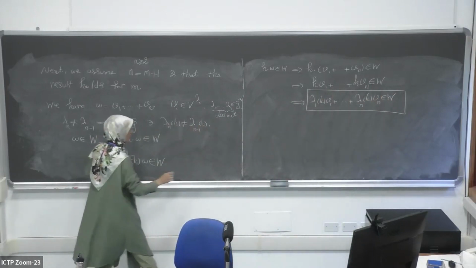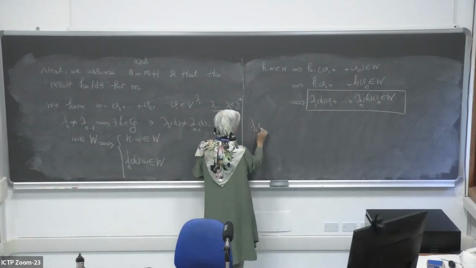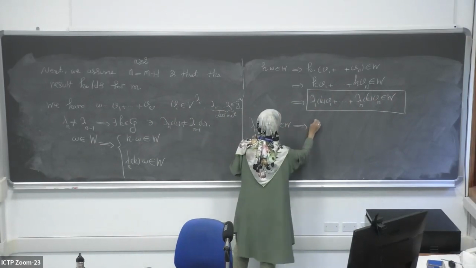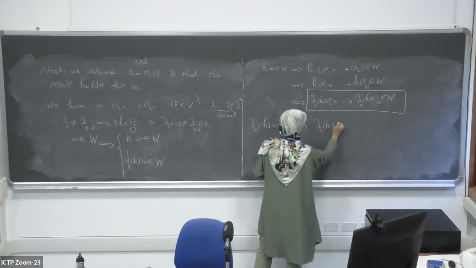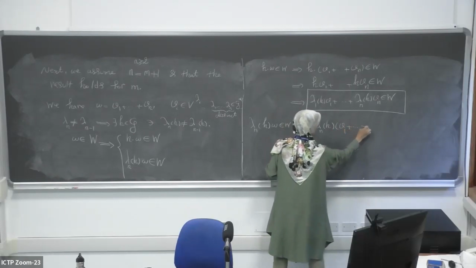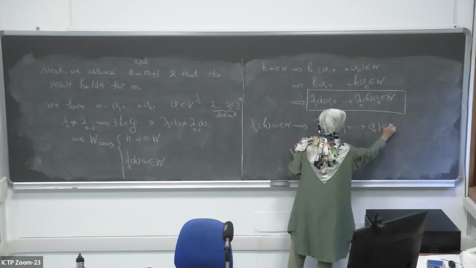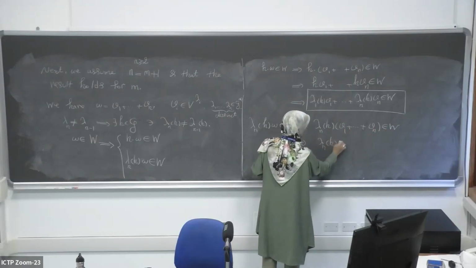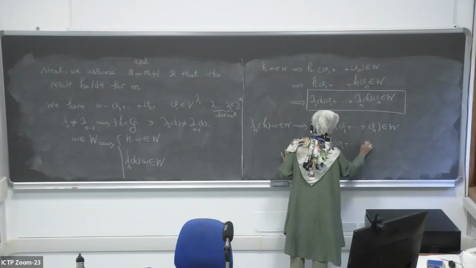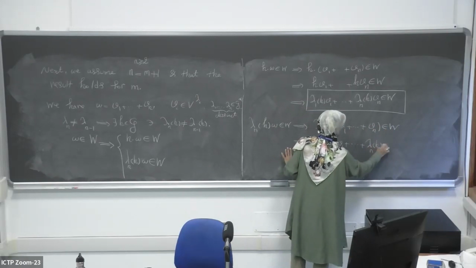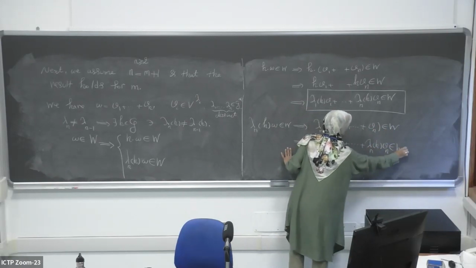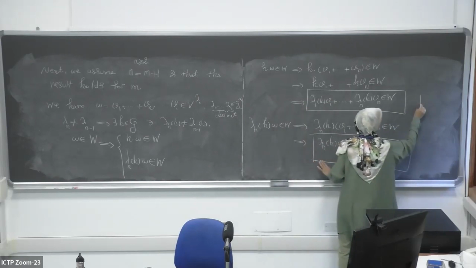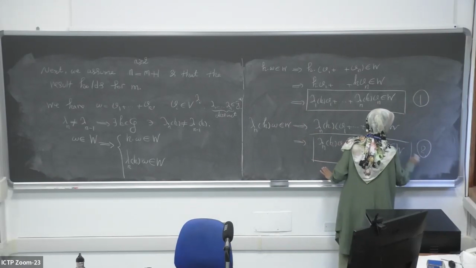And the second one, lambda_n(h)w is an element of W, then lambda_n(h)v_1 plus up to lambda_n(h)v_n is an element of W. We have these two, I call it 1 and I call it 2.